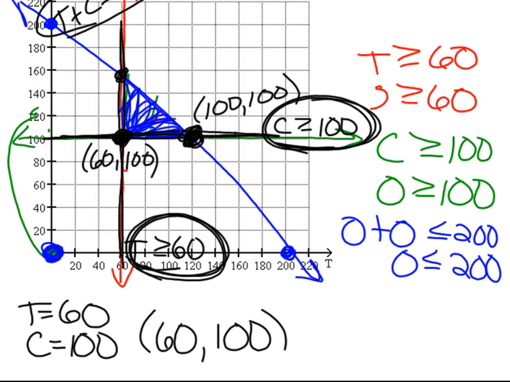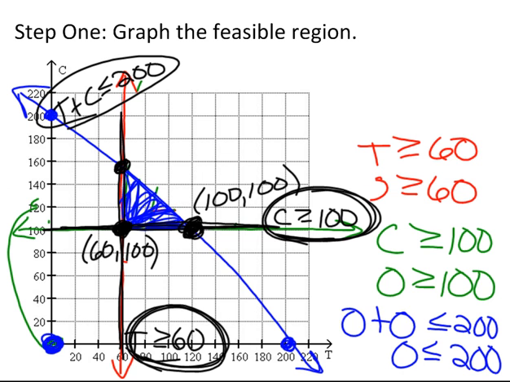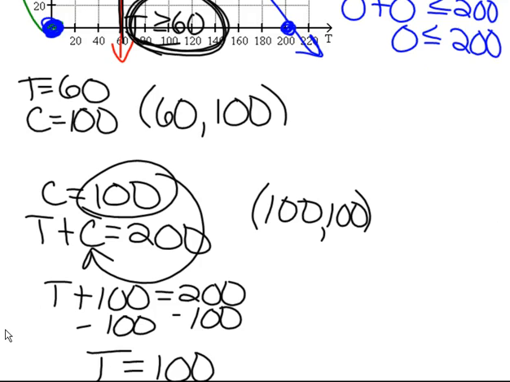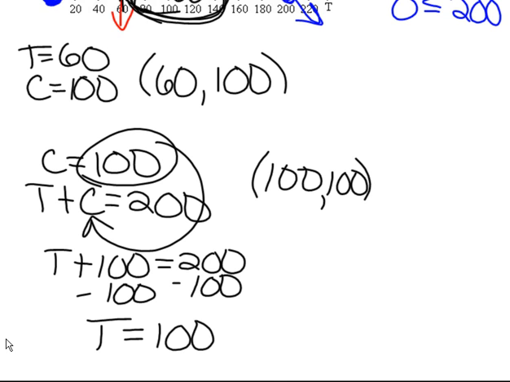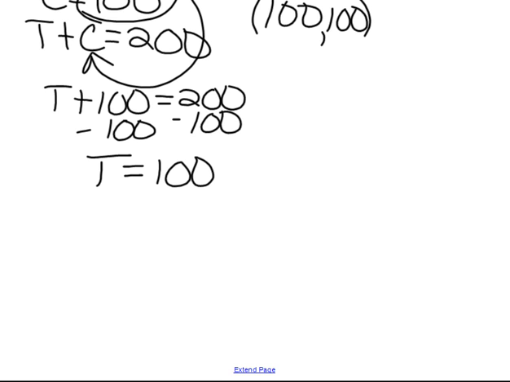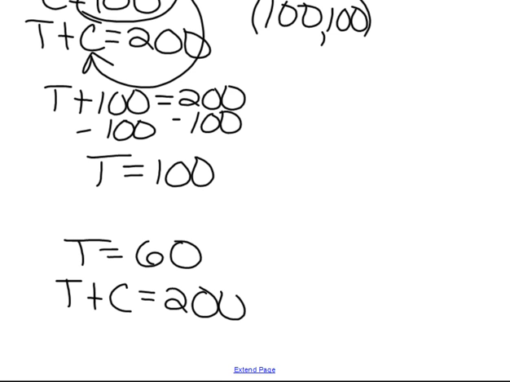Again, you cannot just eyeball it and say, I know what the answer is. Okay, you have to actually do it algebraically. And this point right here is where t equals 60 and t plus c equals 200.